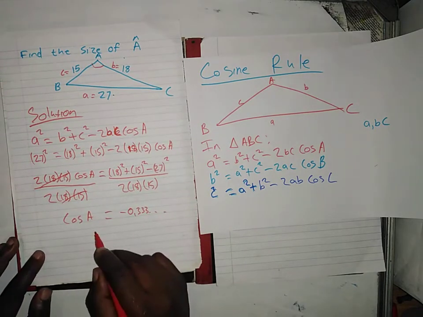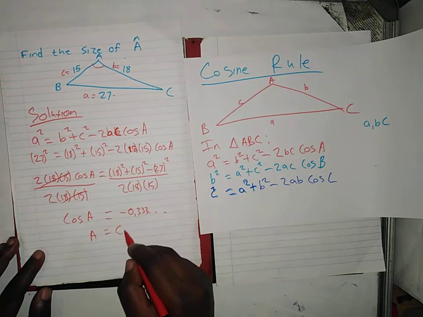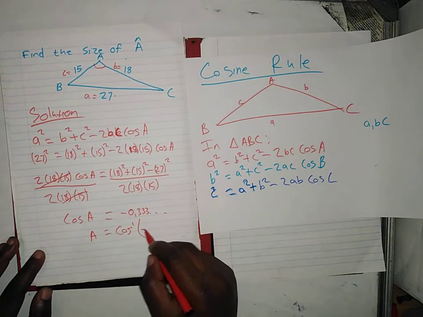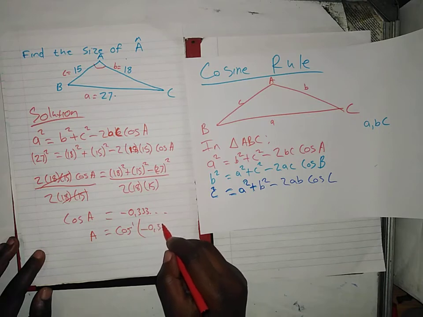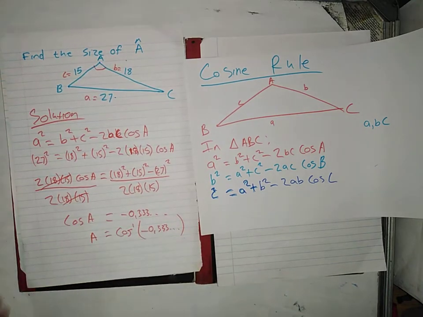Okay? And then we all know that when we are looking for A, you are not looking for cos A, you are looking for A. So A is going to be the inverse cos of minus 0.333, and so on. Ladies and gentlemen, personalities, in these cases, you must put the negative as well.